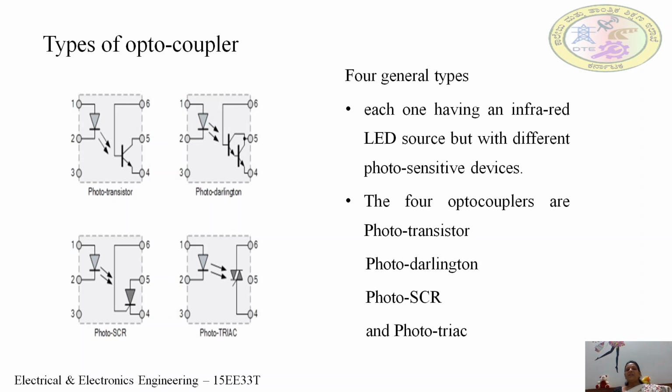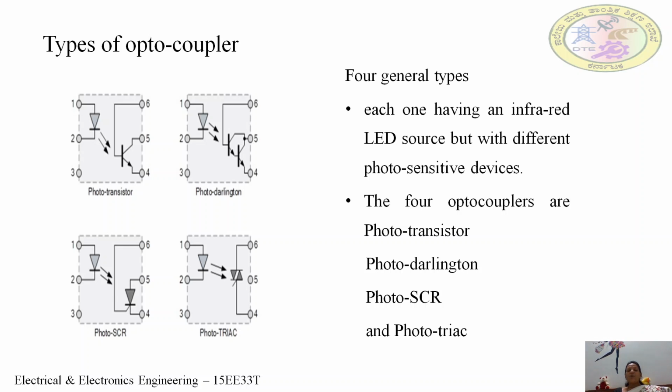Now let us look into the types of optocouplers. We classify optocouplers based on the light detecting component, the component that senses the light. Usually the input is an LED, or it can be any light source, but in many applications an LED is used as a light source.